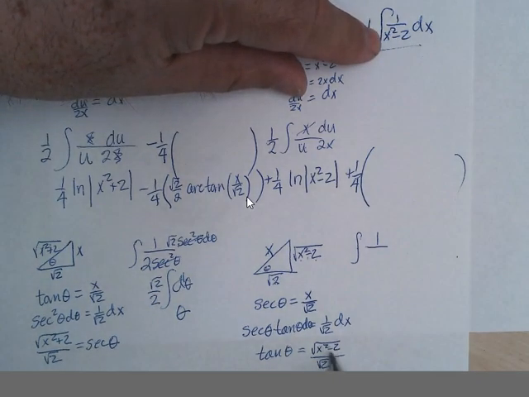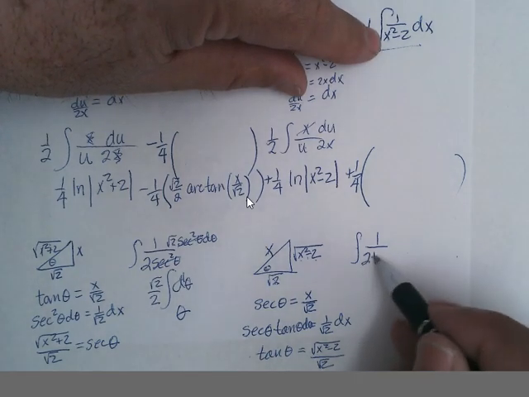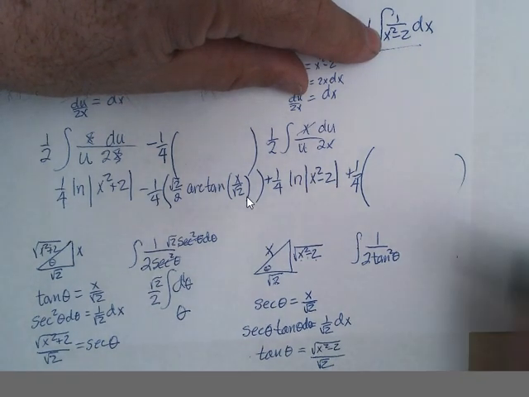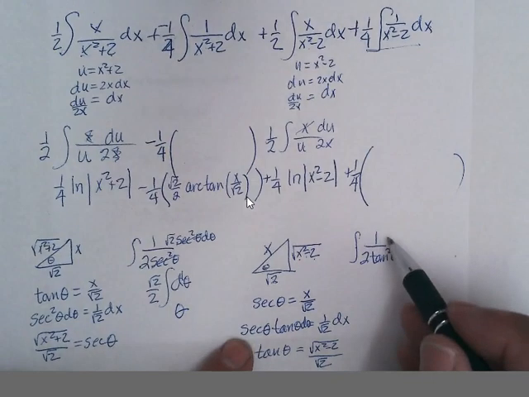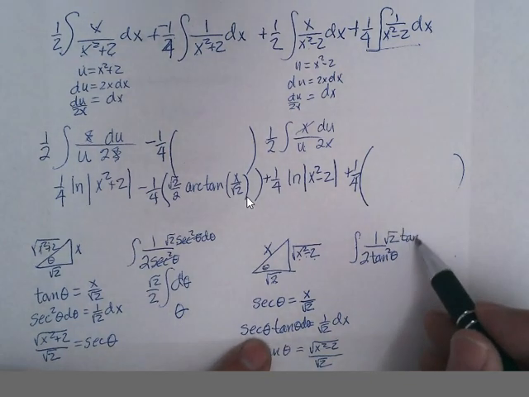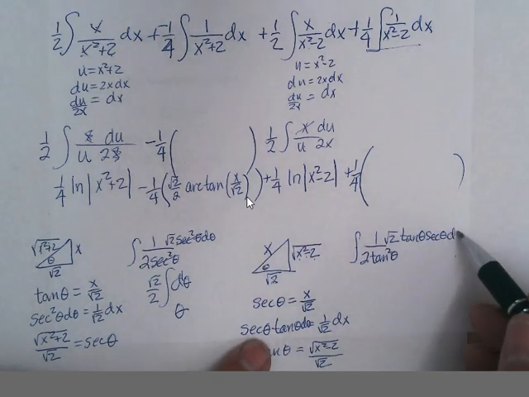Well, that's this squared, so I'm going to put the square root here, and I'm going to square that, so I'm going to get 2 tangent squared theta. And I'm going to get the dx, which is going to be square root of 2 tangent theta secant theta d theta.